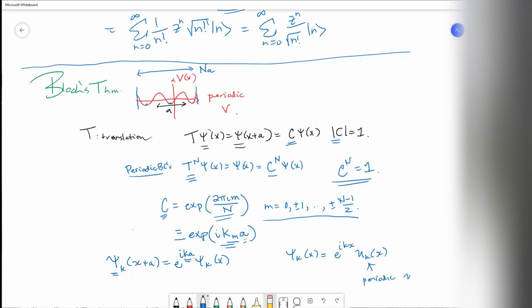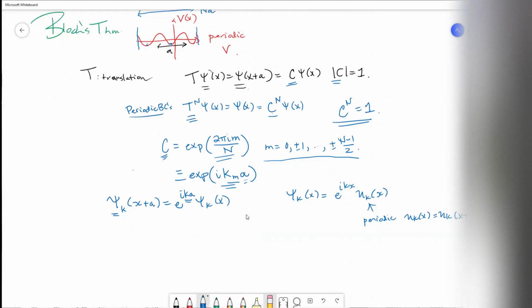So it satisfies u_k of x is equal to u_k of x plus a. And now you can use this as a kind of ansatz, if you want, for solving the Schrodinger equation. You can plug this in as a form for the solution of the Schrodinger equation. So that's what we can do.